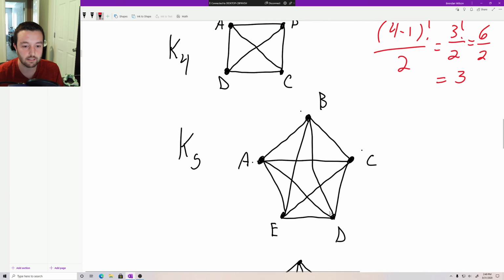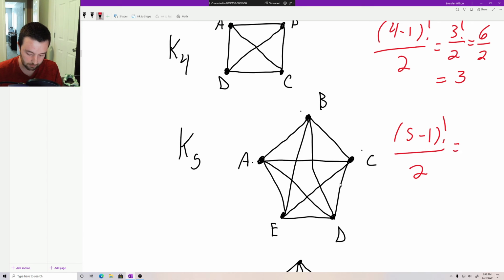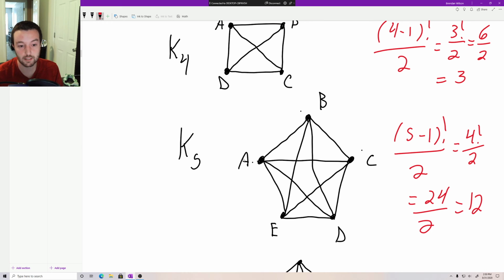What about K5? Well, it's going to be a lot harder to find these ones because there's going to be a lot of them, right? We're going to have 5 minus 1 factorial over 2. So this is 4 factorial over 2. 4 factorial we found is 24. So there's 12 different circuits. Okay, so there's going to be a lot of them here, so I won't bother finding them all.